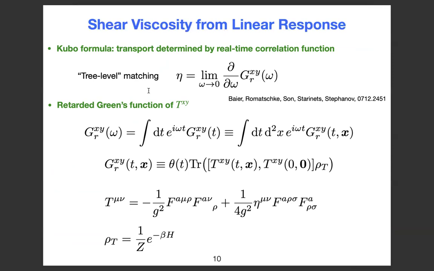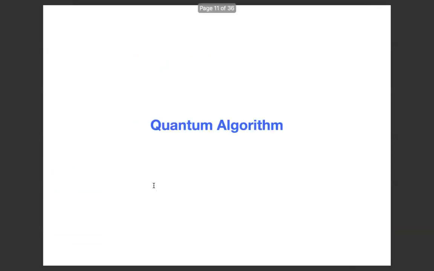This correlation function is defined at thermal equilibrium, where this density matrix rho_T here describes a thermal state, and the correlation itself is a real-time object. And here I just list the expression of T_xy, or T^{mu nu}, for the 2+1D pure gauge theory. Okay, that's what we're going to do. We are going to calculate that real-time correlation function.